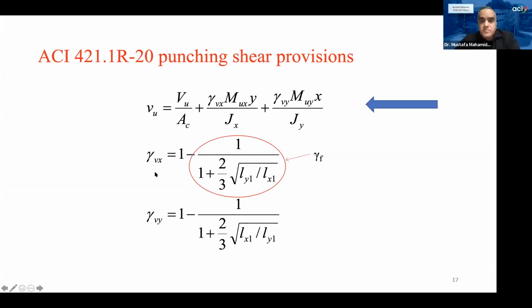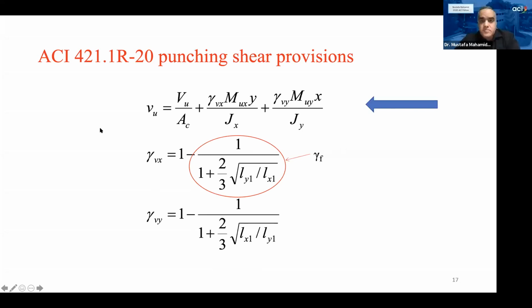This is gamma f. So in slab design we use gamma f for the contribution of the moments to flexural design. So we subtract that from one, we get the contribution for shear. That's how we calculate this, and these are available in ACI and also in the appendix of ACI 421.1. So using the contribution of the two moments from each side and the direct shear, that's how we calculate Vu.